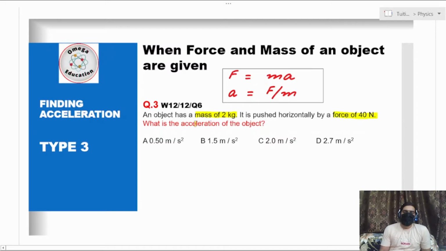And all you need to find is the acceleration of the block. So you write down the formula once again: a equals F over m. Then you plug in the values: 40 divided by 2, which gives you 20 meter per second.